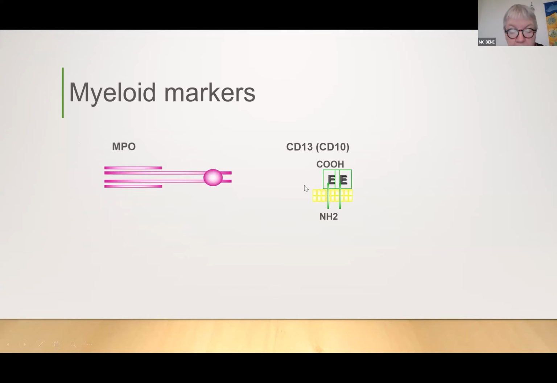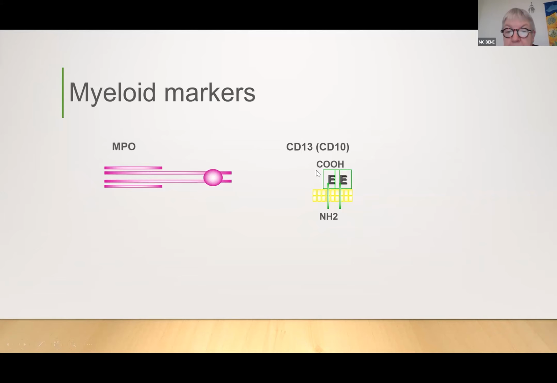And of course, the first one is myeloperoxidase. This is this homodimer here, but you also have CD13. CD13 is an ectopeptidase. It is a type 2 molecule with an H2 in the cytoplasm, and it's got here 2 enzymatic sites. It's almost the same molecule as CD10 that is expressed on neutrophils and also, of course, on maturing B cells. And these 2 antigens are very important in the physiology of the human body, because you have a lot of them in the kidneys, where they are going to work with the angiotensin conversion enzyme to make it functional.